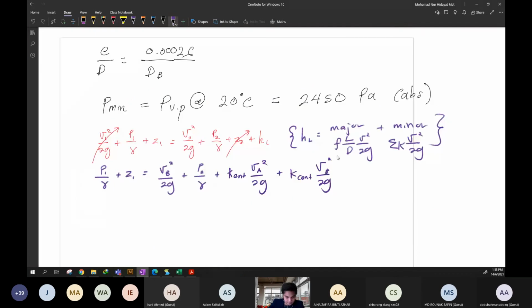Then the major loss: f for pipe A, LA over DA, VA squared over 2g, plus friction for pipe B, LB over DB, VB squared over 2g.